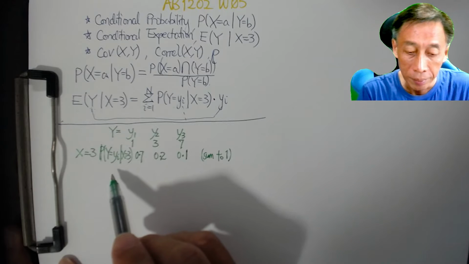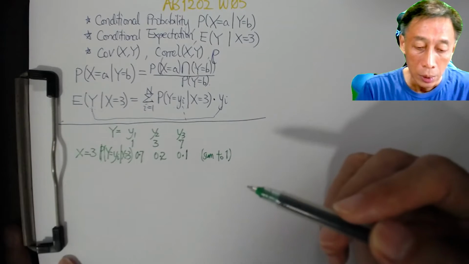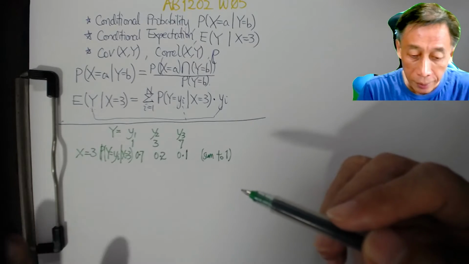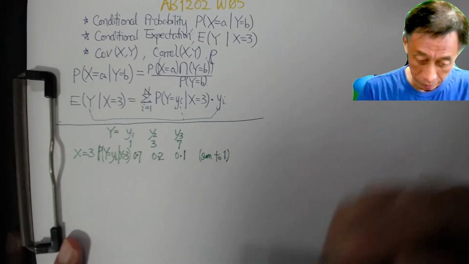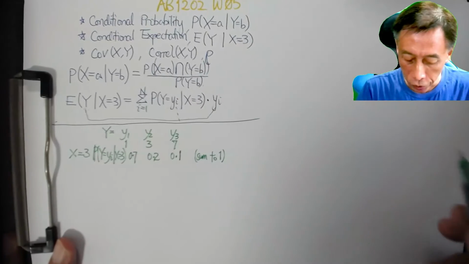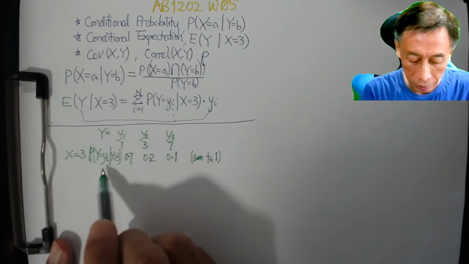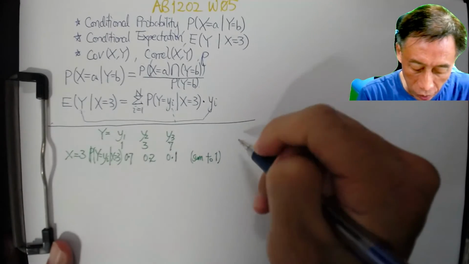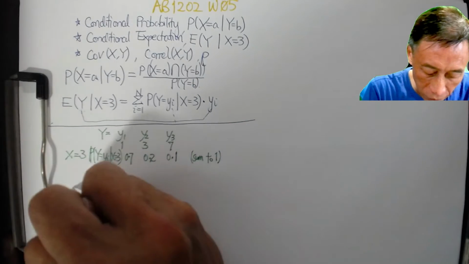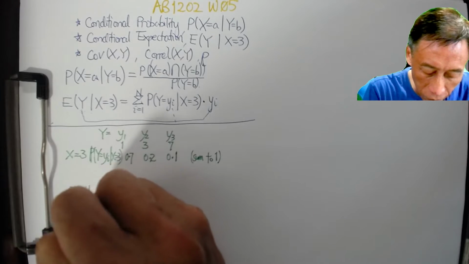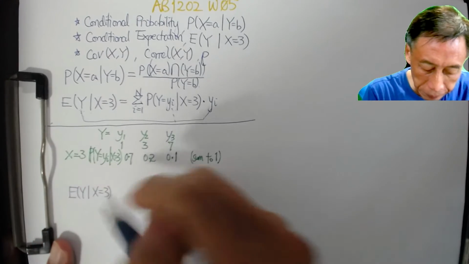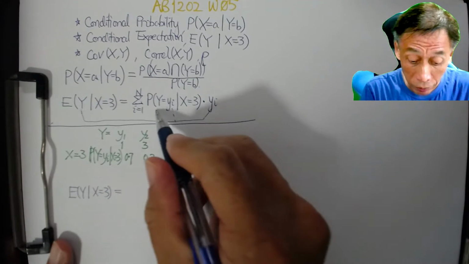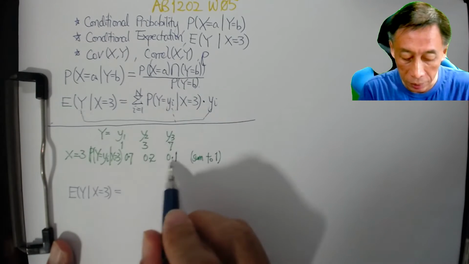Are you okay? All right. So to calculate the expected value, we can just perform the operation. Since the probabilities are already known, we can directly calculate. E of y, given that x is equal to 3, is going to be the product of the conditional probability, but it's already here.